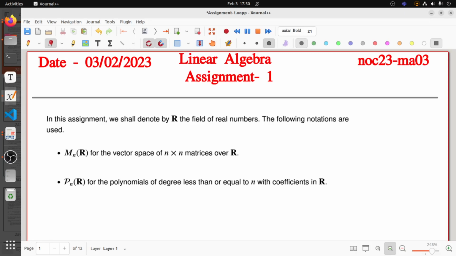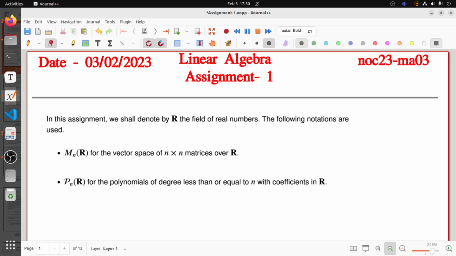With these two operations, M_2(R) becomes a vector space. Similarly for n cross n matrices, you define coordinate-wise addition and scalar multiplication, and then M_n(R) becomes a vector space over R. The field is R, right?